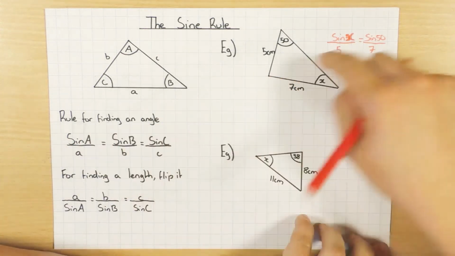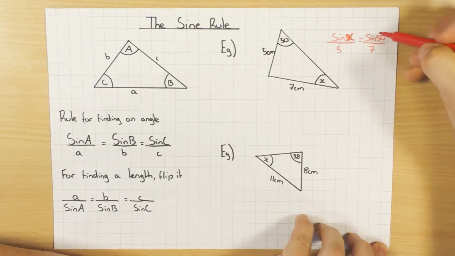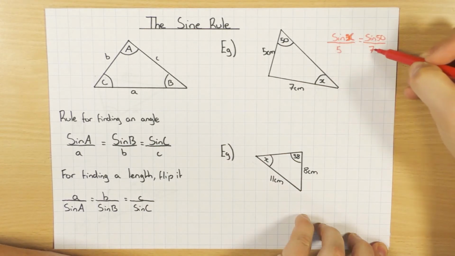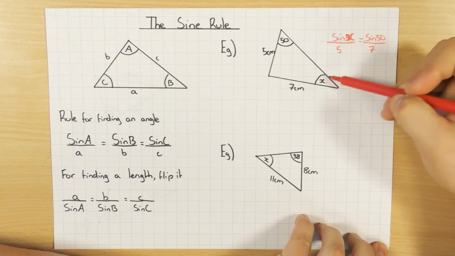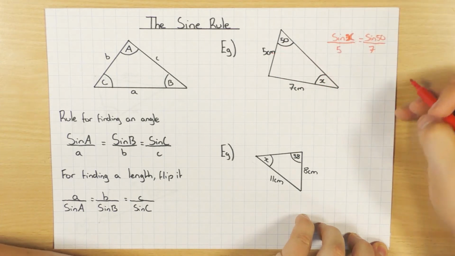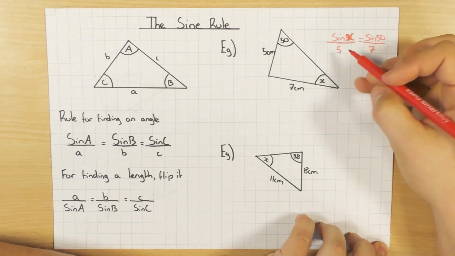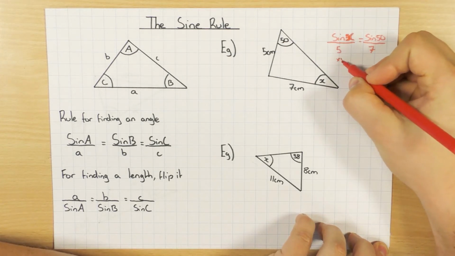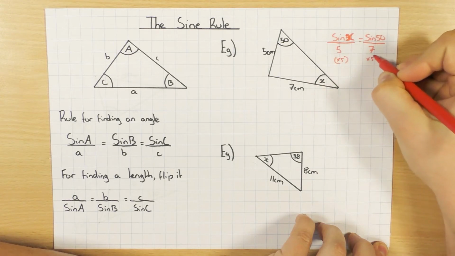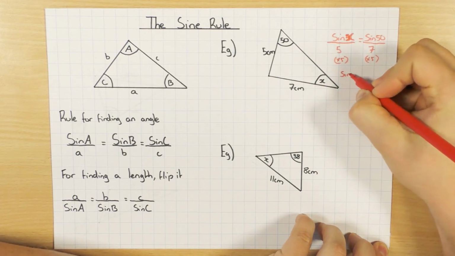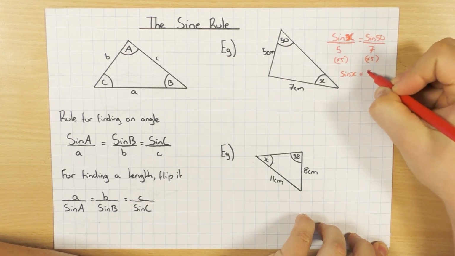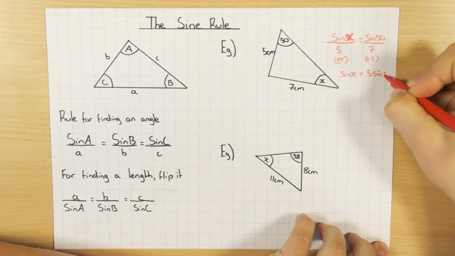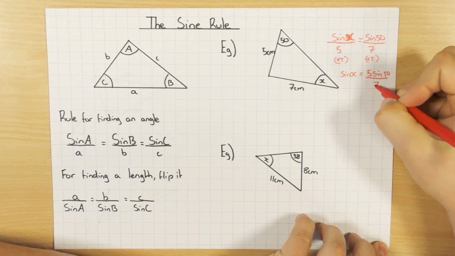Okay, so that's how I set it up using that formula. Because I want the angle, I use this one, and I fill in the angle there, 50, and opposite 50 was 7, so there's the length 7, there's my angle x, and opposite that was 5. Okay, all we do then is a little bit of rearranging. Currently I'm dividing by 5. I don't want to do that, so I'm going to get rid of it and times both sides by 5, which will leave me with sine x equals 5 sine 50 divided by 7.